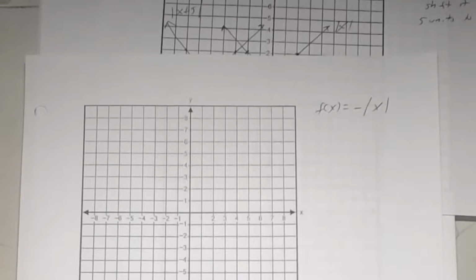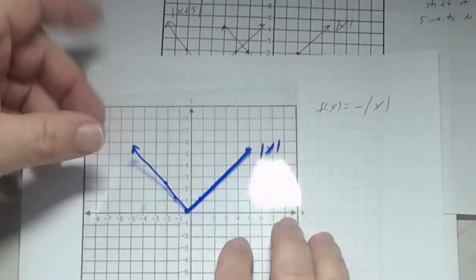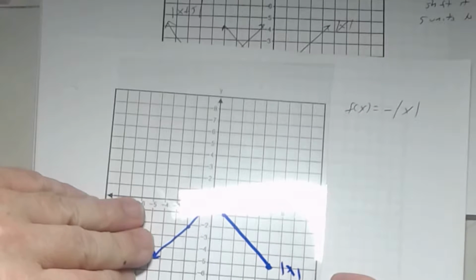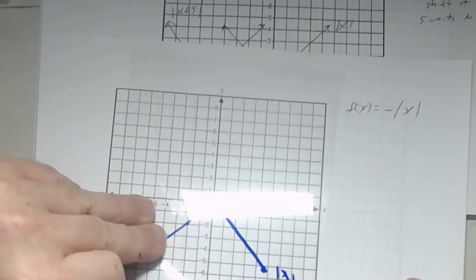What does that negative out in front do to the parent function? Does it invert it? It reflects it about the x-axis. So instead of going up, it will go down. It will do this. All right, so instead of going up, it's going to go down. All right?